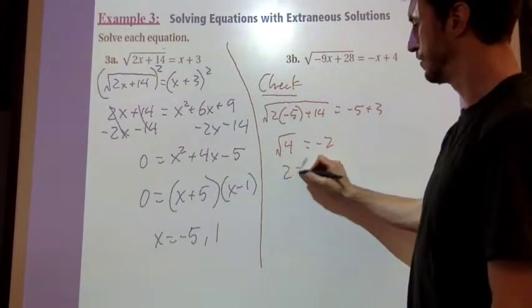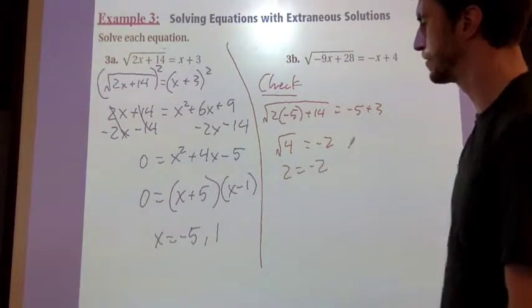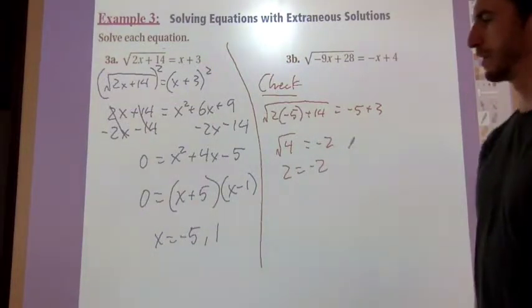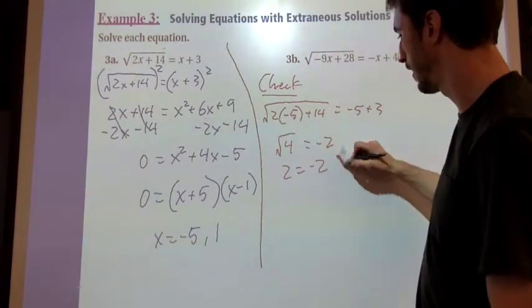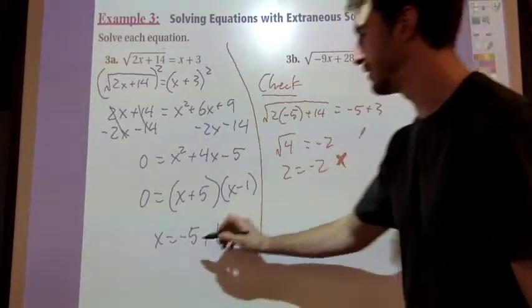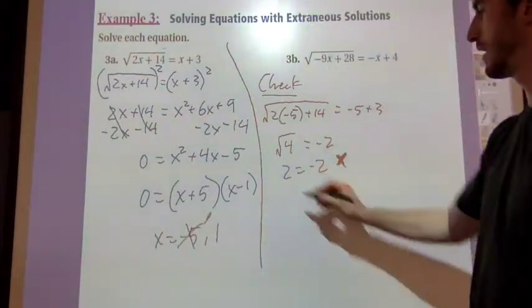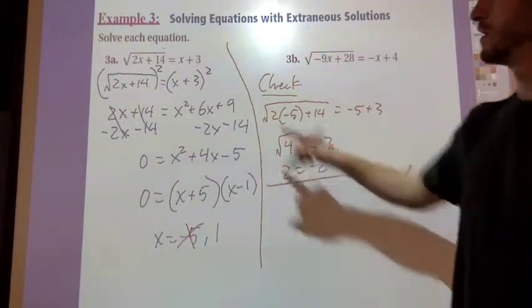Square root of 4 is 2. 2 does not equal negative 2. Does not work. So that means that this one, negative 5, does not work.